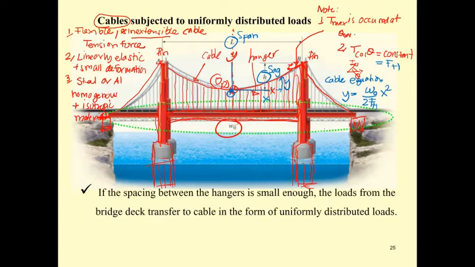Okay, let's talk about this slide. If the space between the anchors is small enough, the load from the bridge deck, which is supposed to be very stiff, very rigid, transfers to the cable in the form of uniformly distributed load.